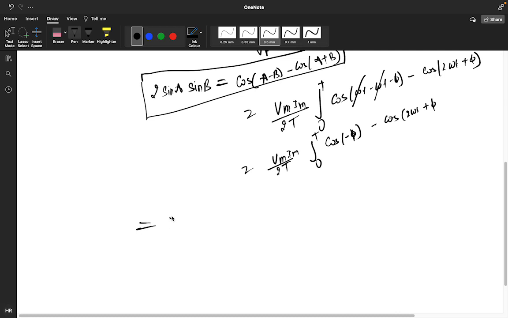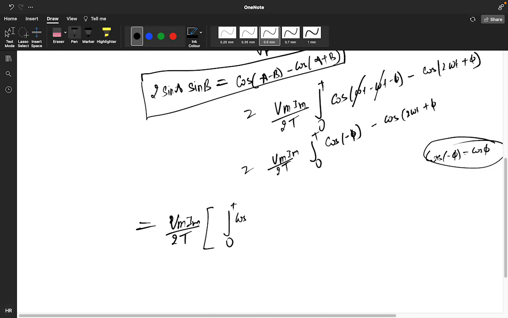Cos of minus phi is cos phi only, since cos of minus theta equals cos theta.